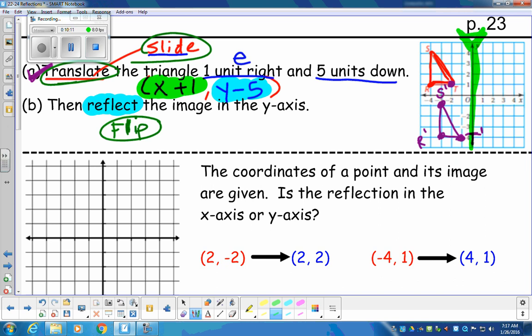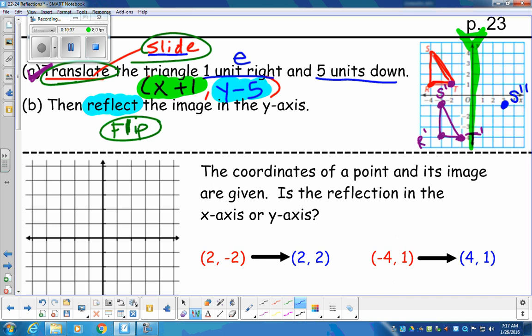Here we go. Let's take a look at this now. So if we flip it over that axis, right now the S prime is 1, 2, 3 units away from the y-axis. So if I flip it over, it needs to be 3 units to the right. 1, 2, 3. Take a look at that. So if it's 3 units to the left, when we go to flip over, it should be 3 units to the right, which becomes S double prime. Everybody catch up if I'm going too fast. All right.